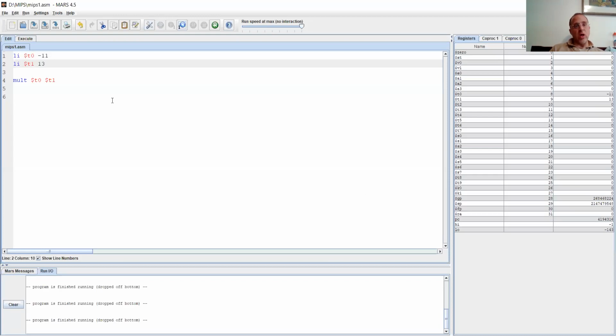For example, here, if I have small numbers, 11 and 13, the result is -143. And that's my low, and that's my high. But the main point to understand is that the high and the low are really the full result. This is 32 bits and this is 32 bits. The result is 64 bits.